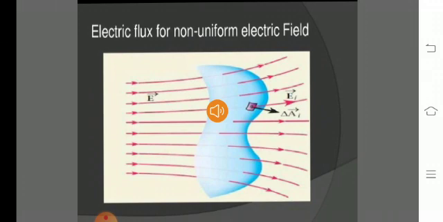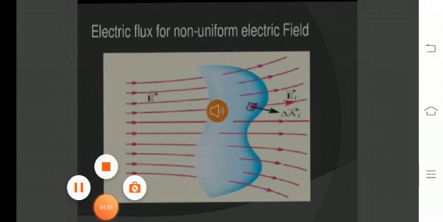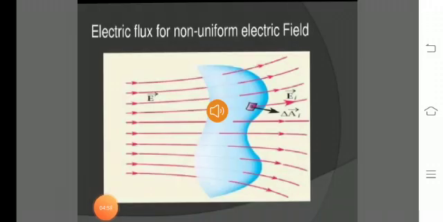If it is placed in a non-uniform electric field, the electric flux for the element is calculated by using the superposition principle. Here we consider the element as a number of small regions, with area ΔA1.